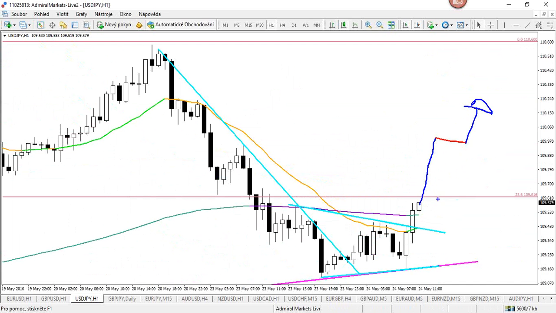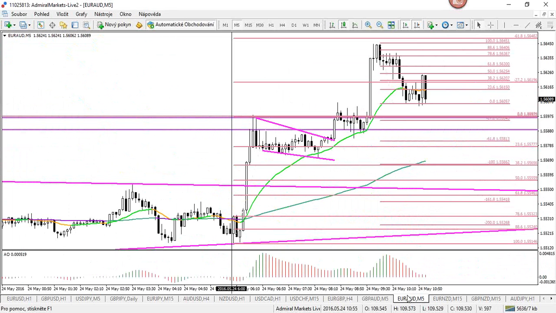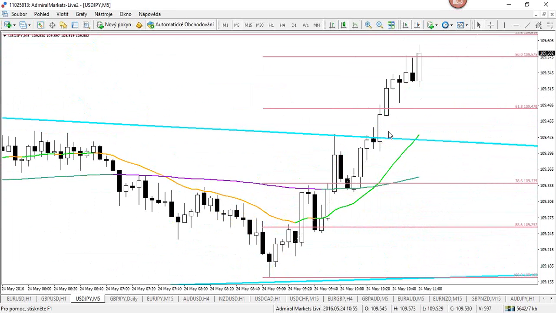That might take a while. You never know, right? It could go up like this, and then we get the bull flag. It depends on how much momentum this has to push.